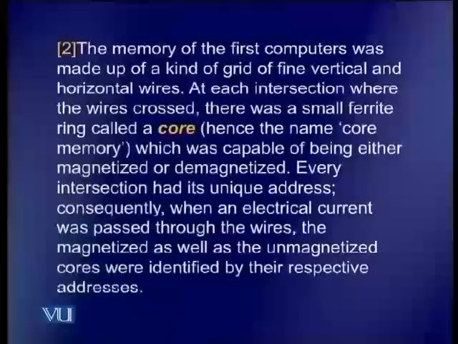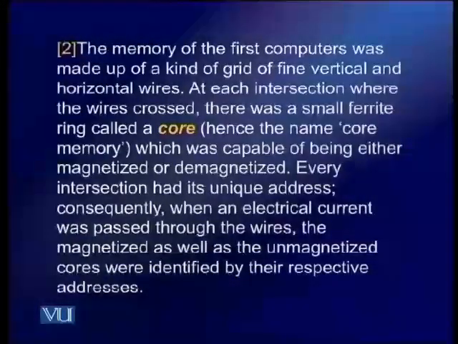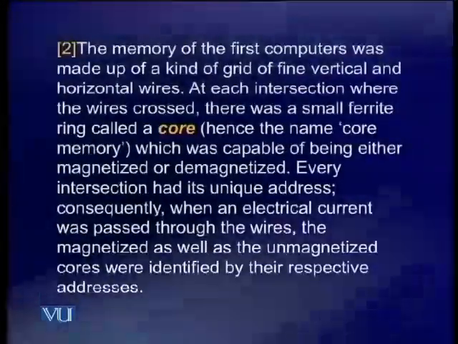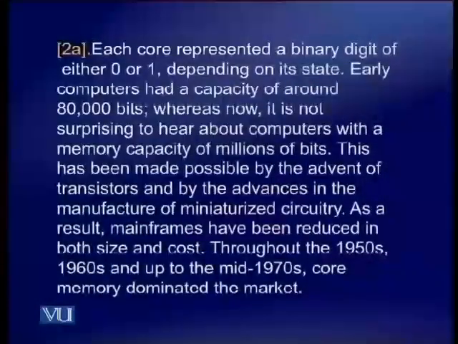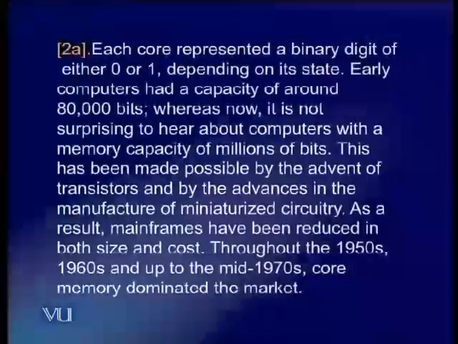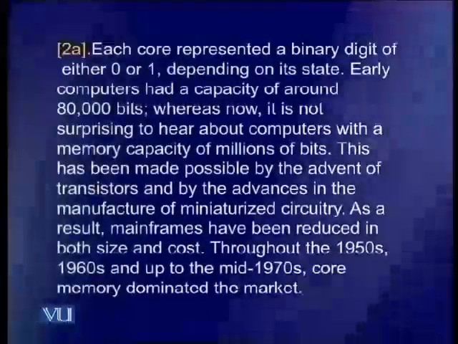Every intersection had its unique address. Consequently, when an electric current was passed through the wires, the magnetized as well as the unmagnetized cores were identified by their respective addresses. Each core represented a binary digit of either 0 or 1, depending on its state.